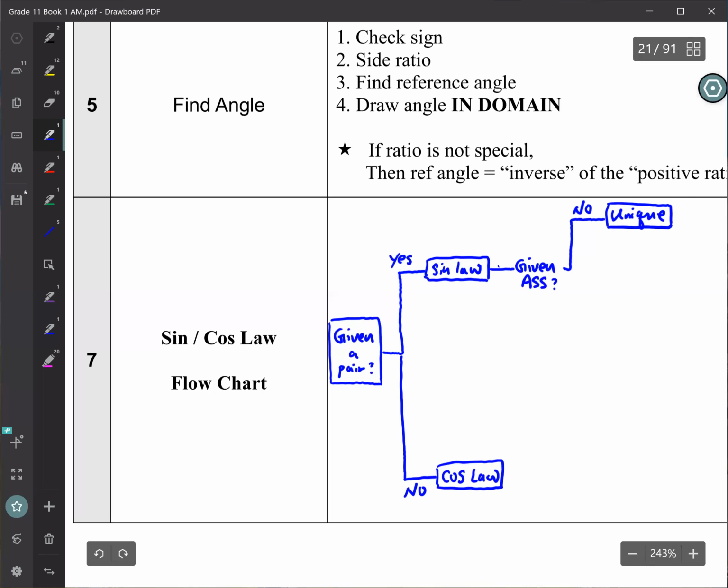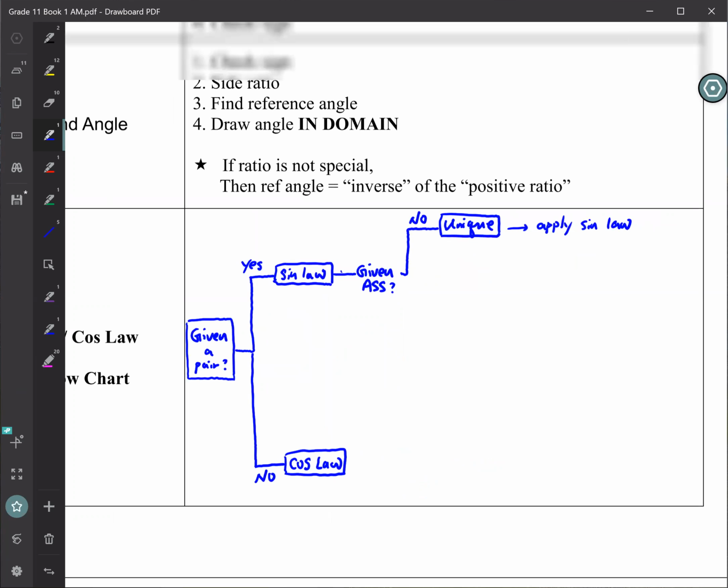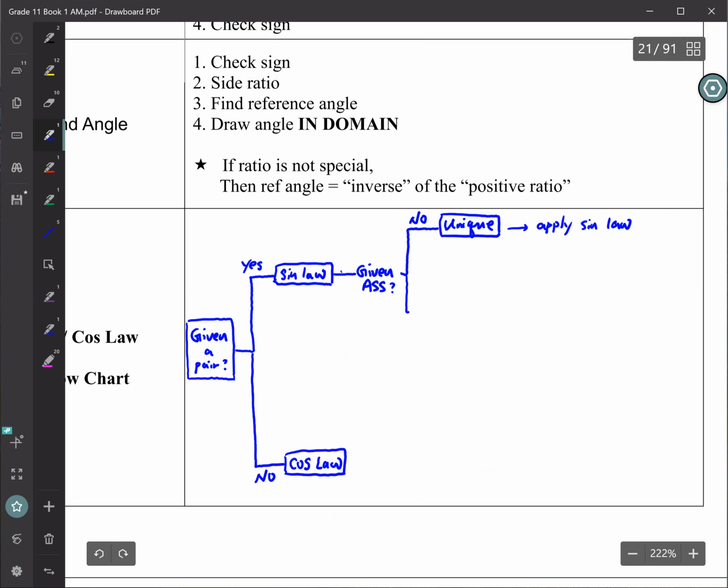Okay, and if it's unique, you just apply the sine law. Unique means only one answer. Okay, apply sine law. Okay, then you just get all the answers. If it's yes, right, you have an ASS in the question, then that means it's ambiguous.